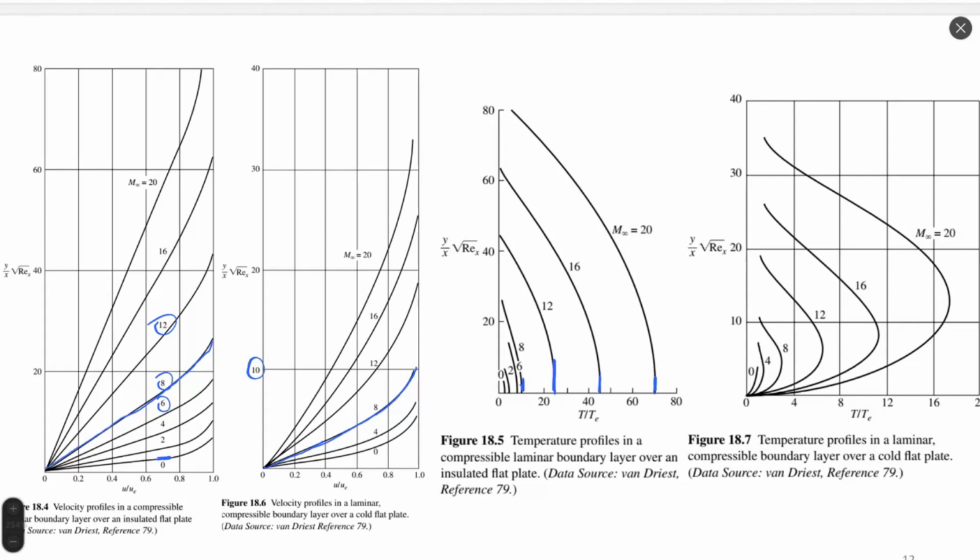So we start from very low temperature on the wall, starting from 0 position, and then temperature is increasing due to transformation of energy from velocity to thermal energy. The higher the Mach number, the bigger the amount of energy transformed from velocity to temperature.